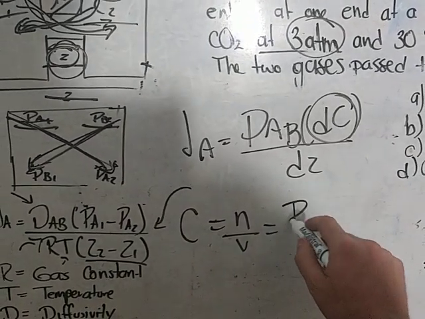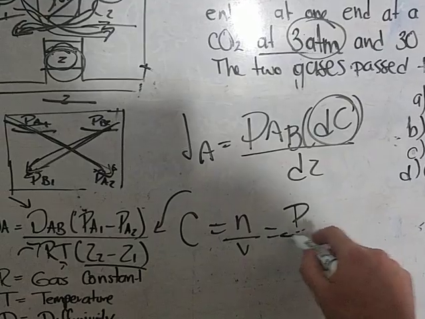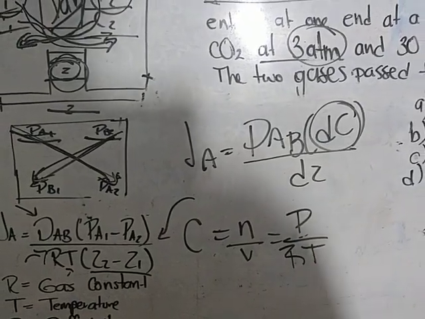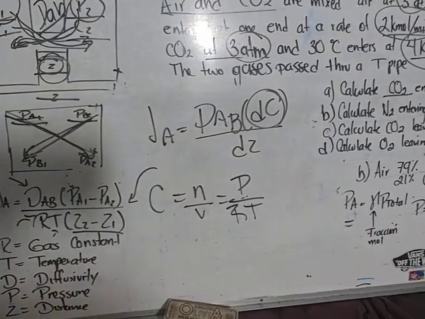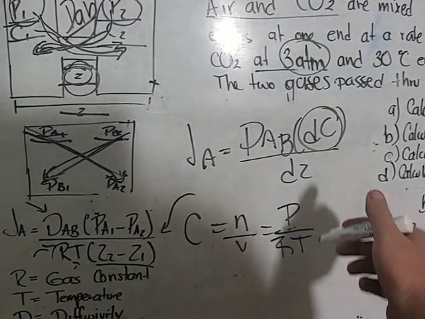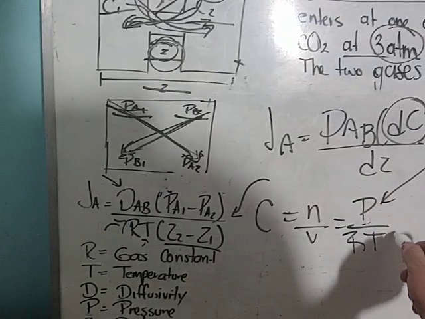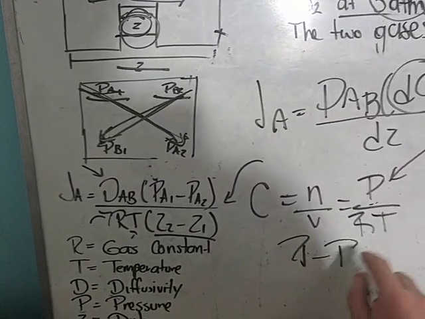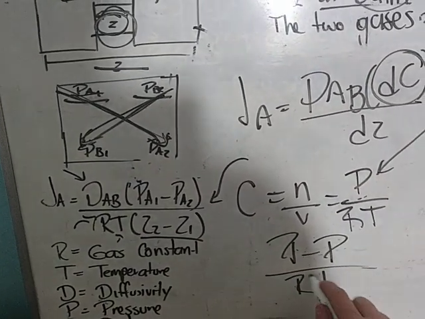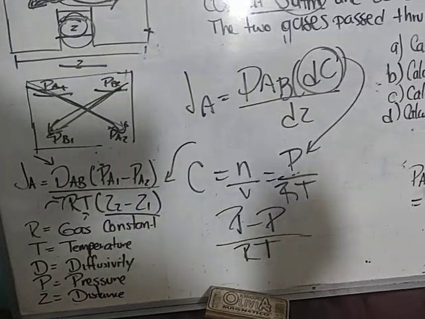This one is going to be referred to as a pressure divided by the constant of gases and the temperature. So if we put these two together, we're going to get a difference of pressures, the constant of gases, and the temperature.